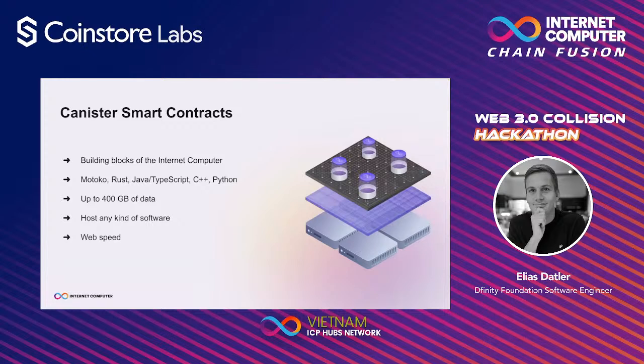The canisters are so fast that it feels like browsing any other website that's out there today. But everything here can run on-chain in a decentralized way, such that it's much more immune to cyber attacks and ransomware attacks and those kinds of attacks.